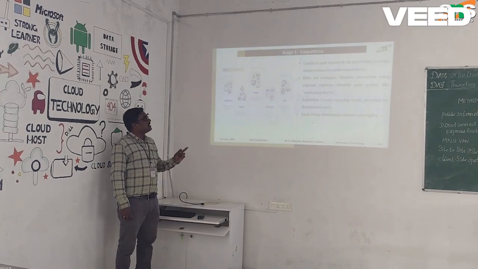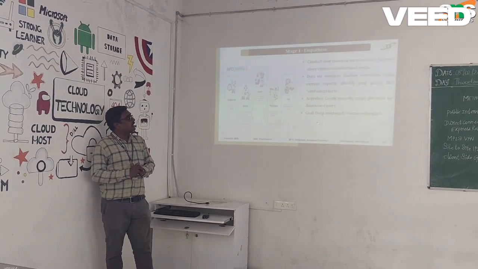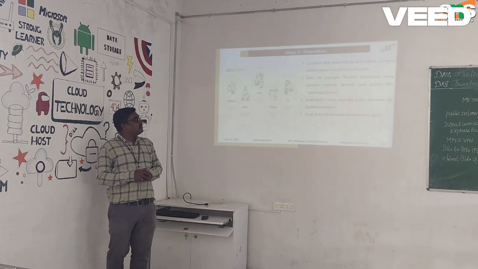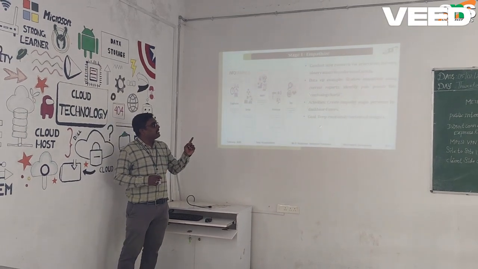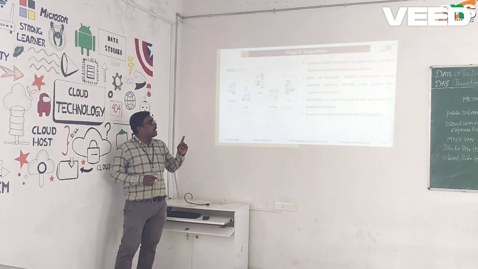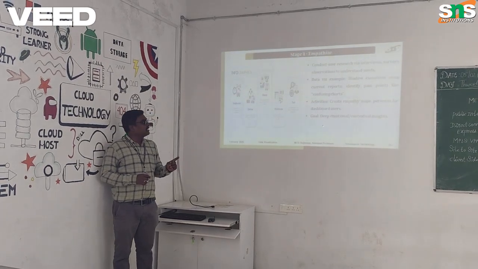The first stage is empathize. In the empathize stage, we conduct user research via interviews, surveys and observations to understand user needs. In a data visualization example, we shadow executives using current reports to identify pain points like confusing charts.